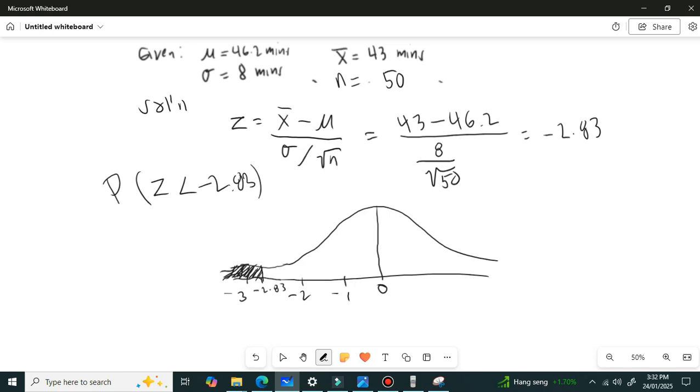To solve for the area, again, that is 0.5 minus the area 1. So the area 1 is from 0 to this one, and that is from our z table. Let us pick 2.83.